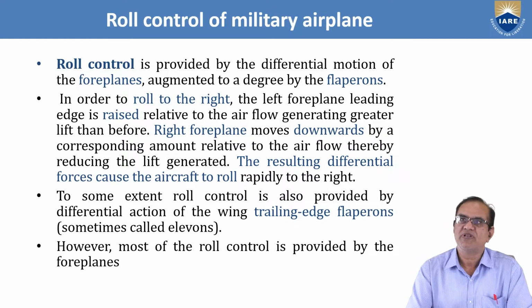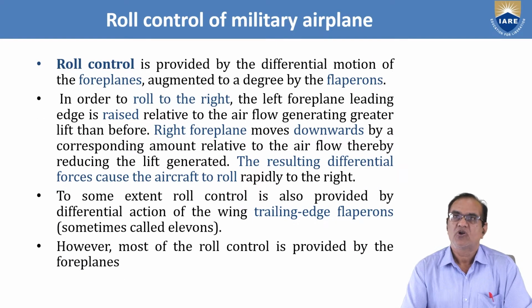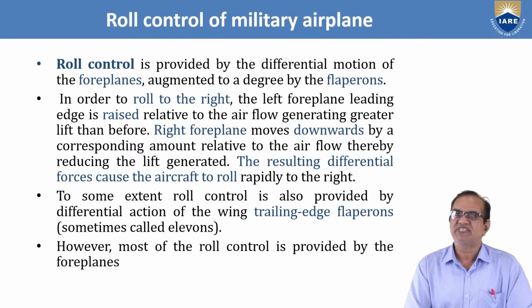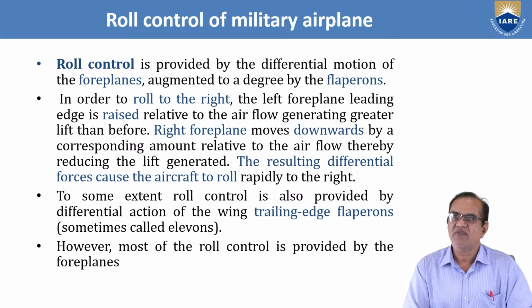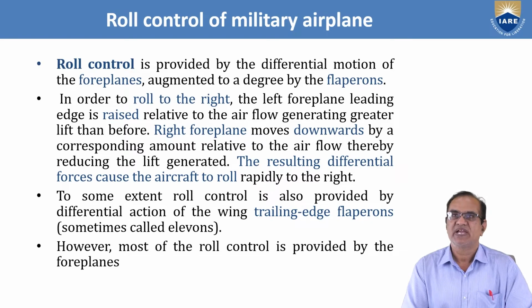Roll control of military aircraft. Roll control is provided by the differential motion of the foreplane, augmented to a degree by the flaperon. In order to roll to the right, the left foreplane leading edge is raised relative to the airflow, generating greater lift than before.